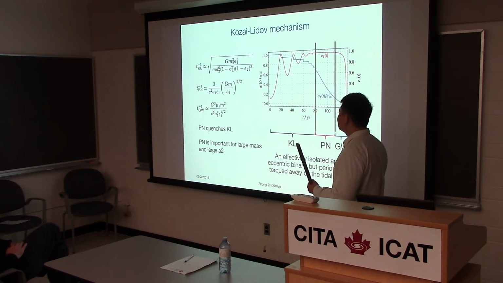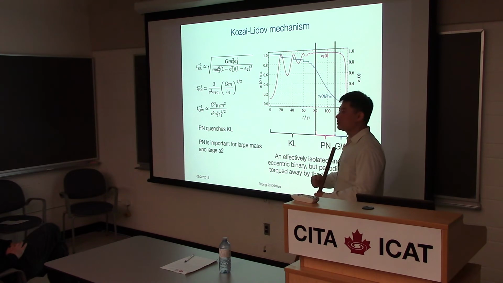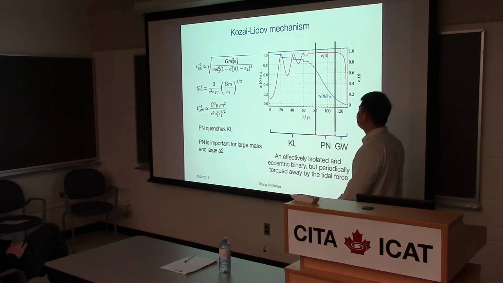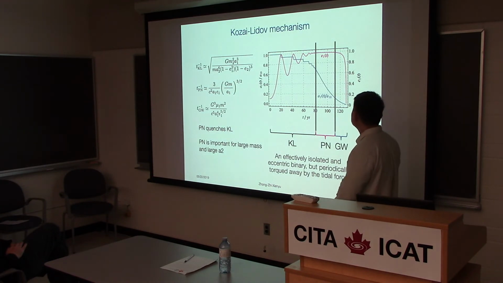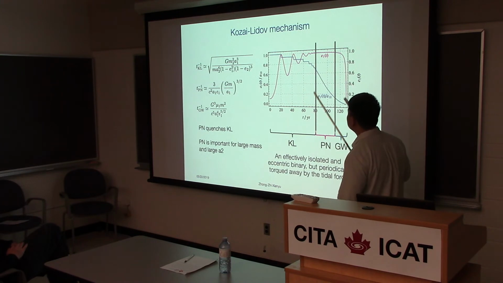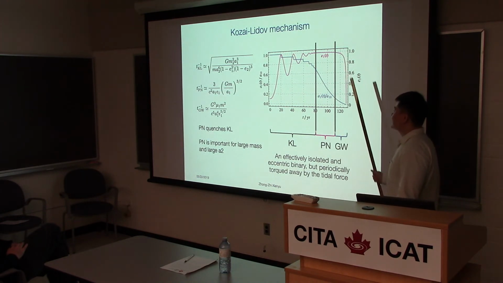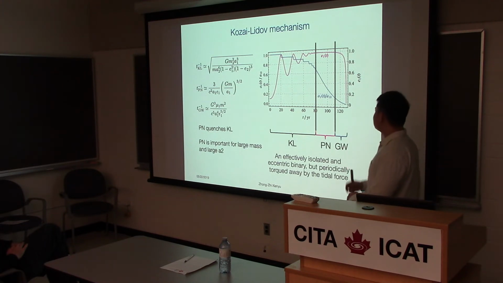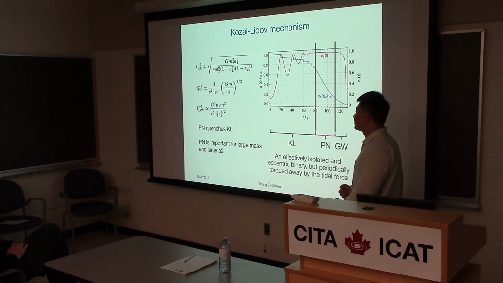But later on, the orbital size will be reduced, and you will have important PN corrections or gravitational waves. PN corrections tend to interrupt your Kozai-Lidov resonance, so it suppresses oscillation somehow. And eventually it will merge as if they are in isolation, because at this stage, the binary is already so hard that you can never feel a third body.